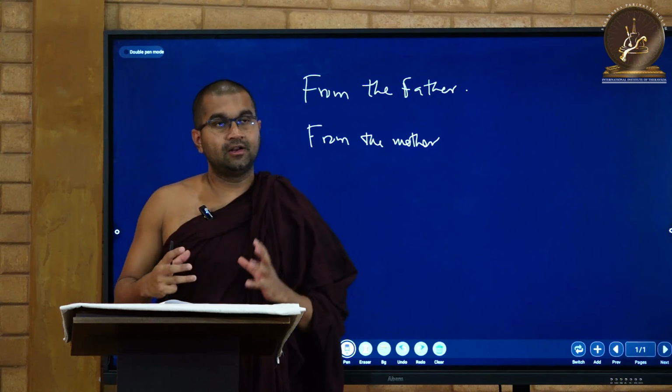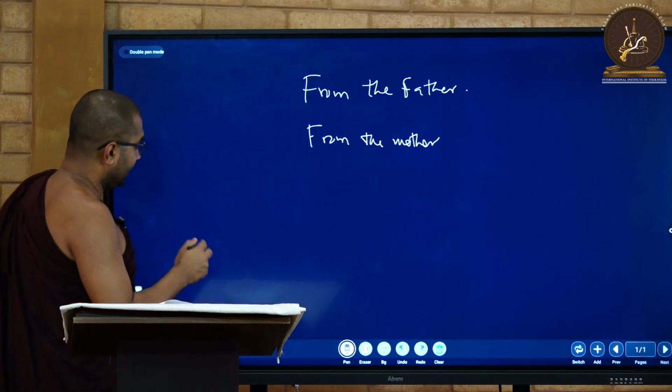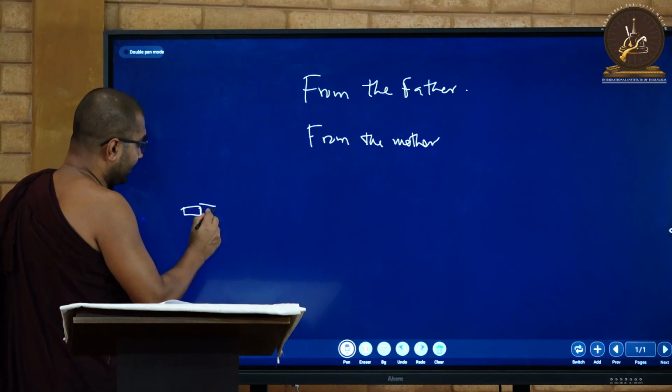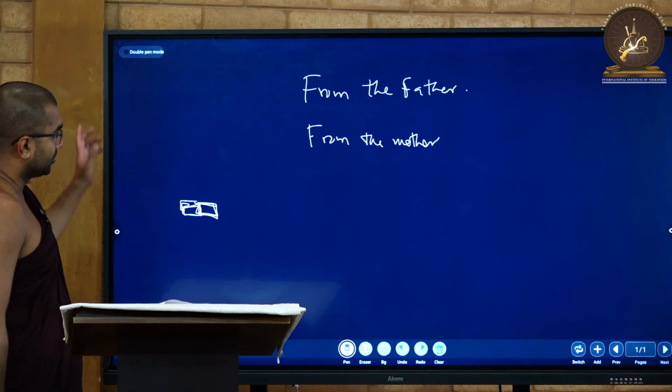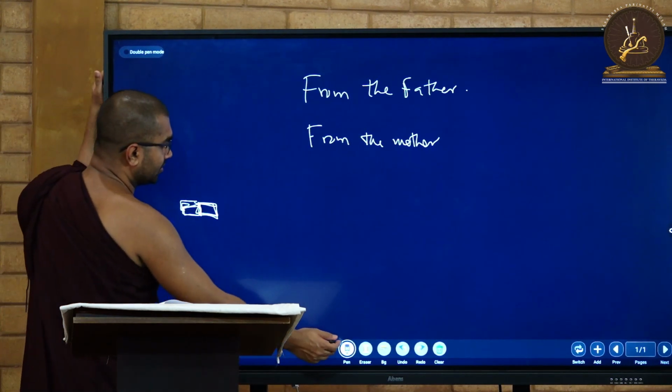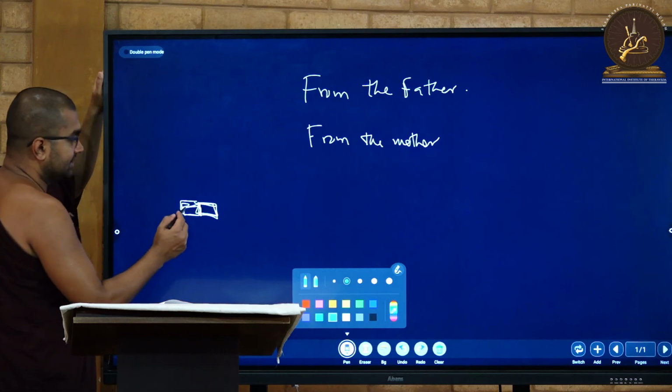But when speaking biologically, we can see that when the two cells get together and make one cell, this would act as the basis of our life. So it can be assumed that Kammaja Rūpas are appearing on this surface.